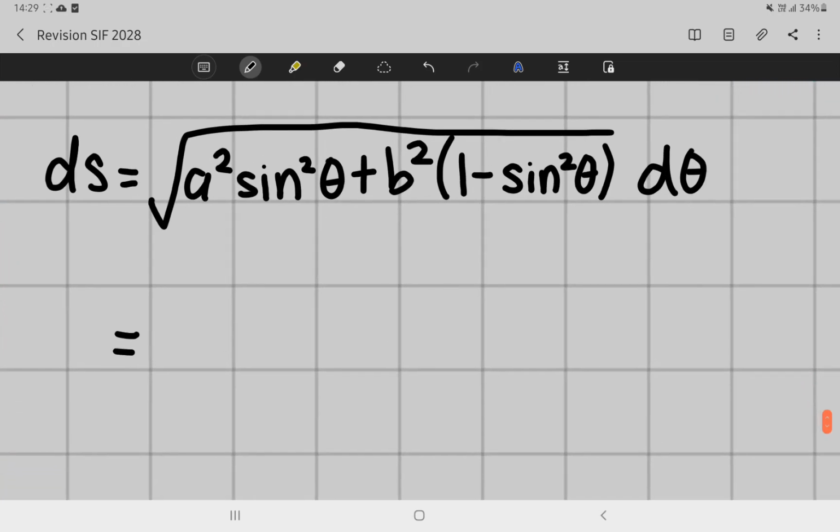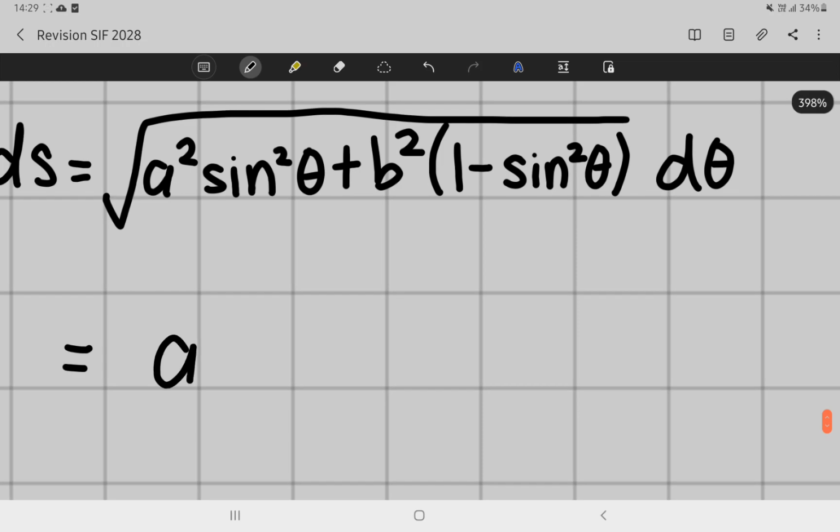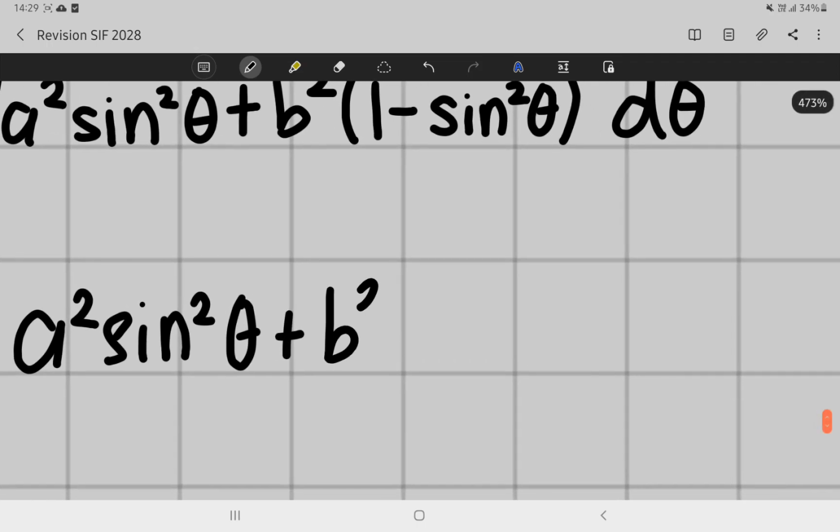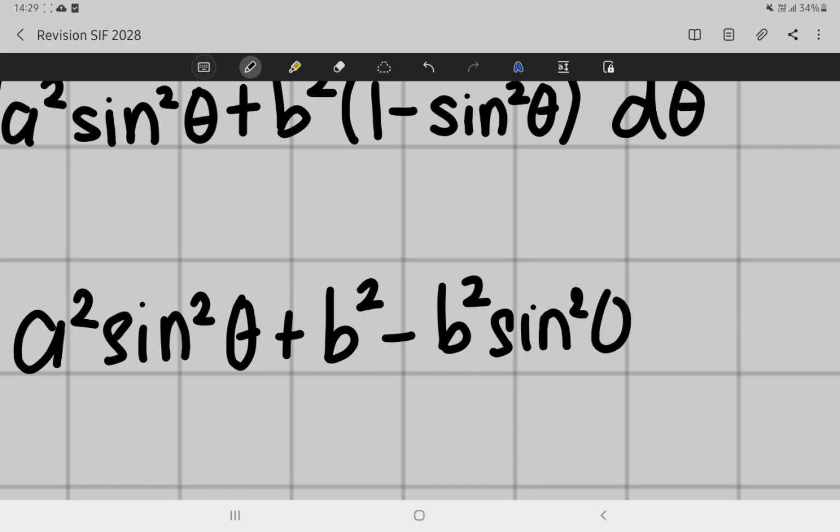Simplifying, a squared sine squared theta plus b squared minus b squared sine squared theta, d theta outside of the integration.